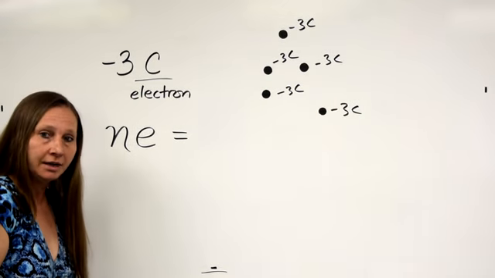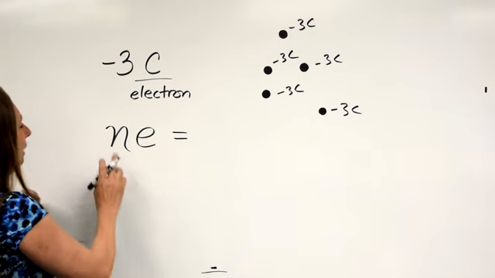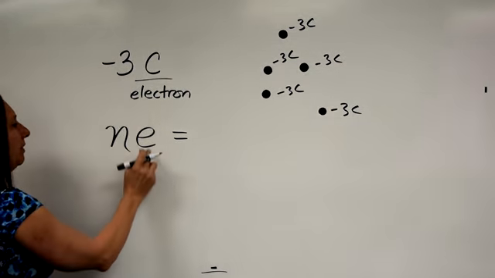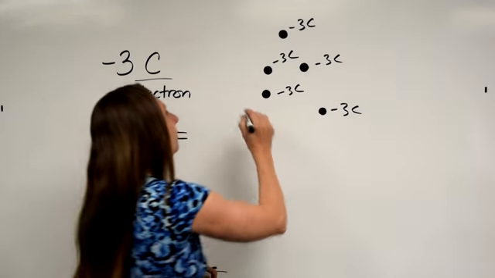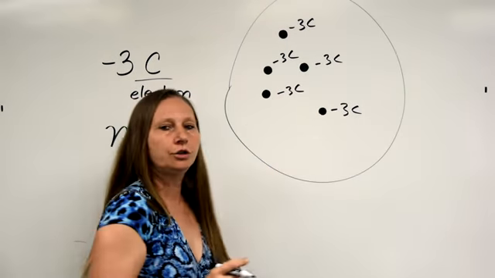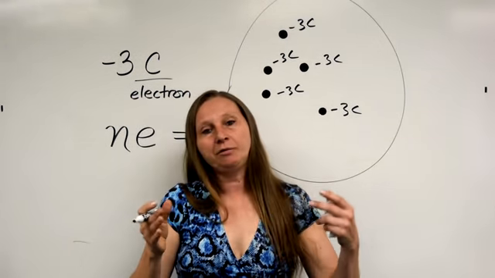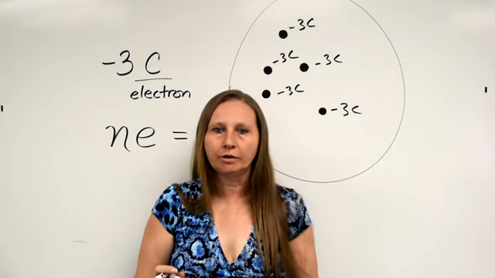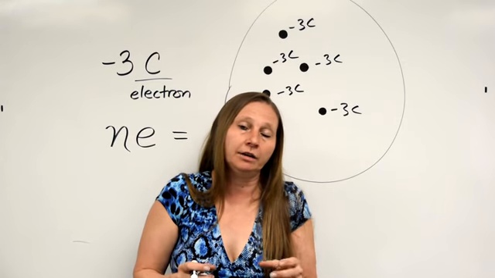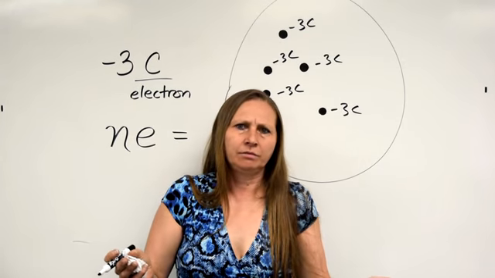Each electron has negative 3 coulombs. Take the number of electrons, multiply by that negative 3. How much total charge do you have if you have 5 electrons in this crazy universe where the elementary charge is negative 3? Well, it's negative 15.